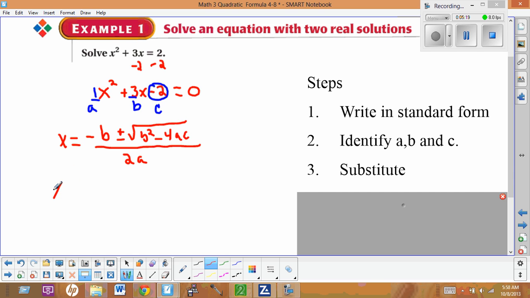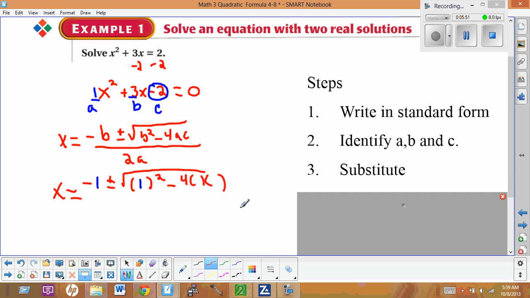Now with a simple substitution, we can see x is equal to the opposite of, let's plug in our b. In this case, b is 1. Opposite of b plus or minus the square root of b squared, and again, b is 1. Ones, they're easy to do simplification with, minus 4 times a times c.